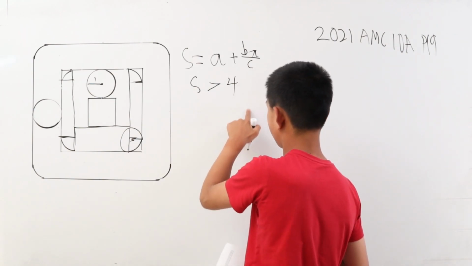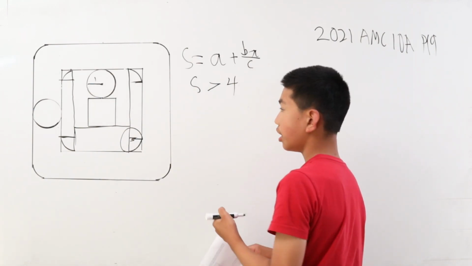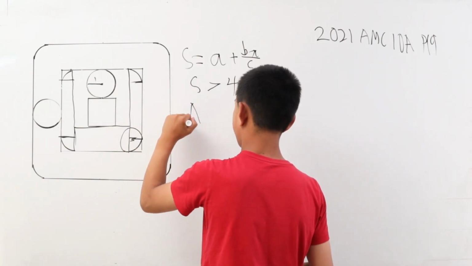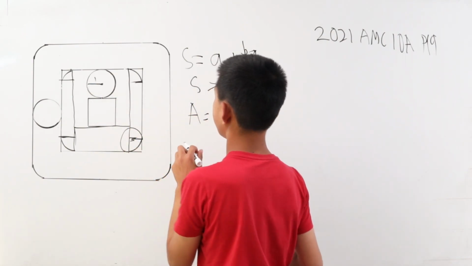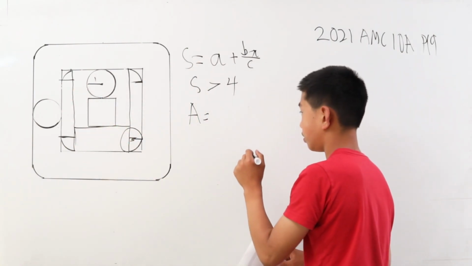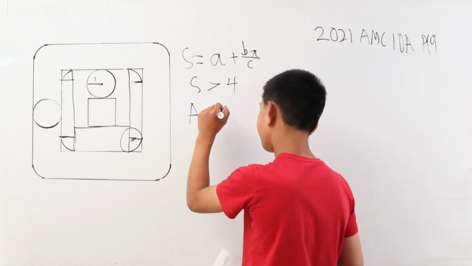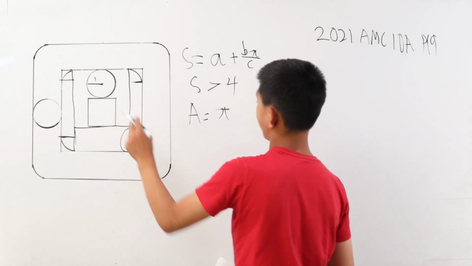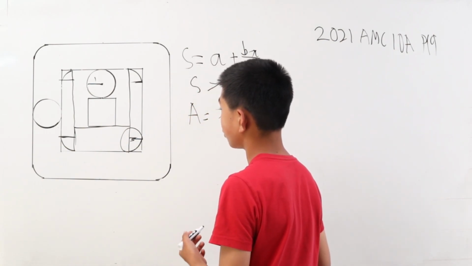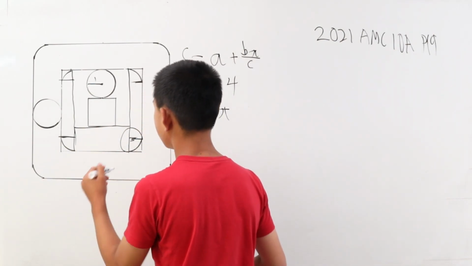So the area of the circle, I'll just write A. This is equal to the area of one of the circles, because it's all these 4 corners. This is just pi, because the radius is 1. Now we can split it up.